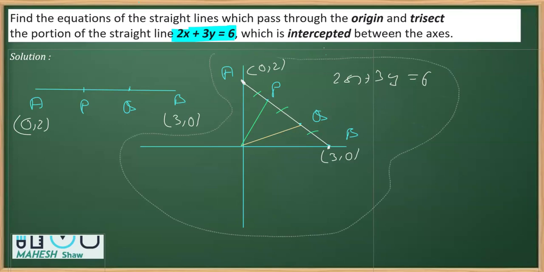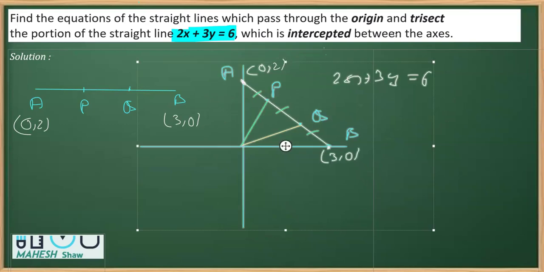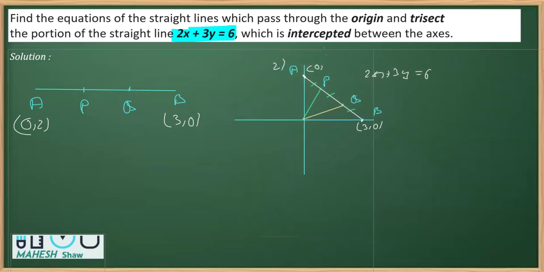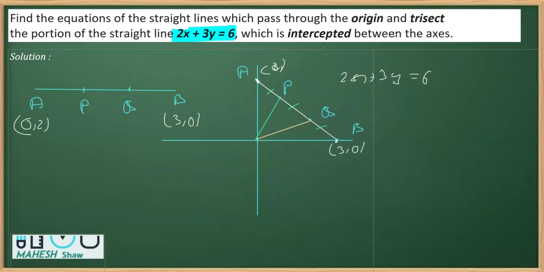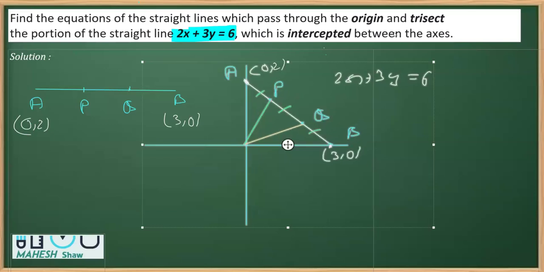So let's say if I minimize this portion, what is left now? 2 is left. Let me minimize this portion here.